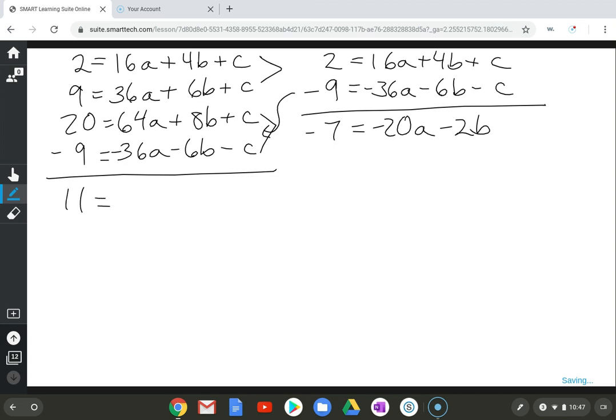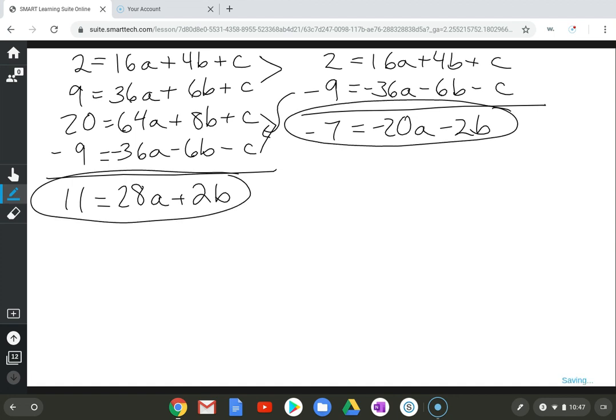Let's see, 64 minus 36, so 28, if I did my math right, hopefully I did, plus 2b. All right. Okay, so now I've got, look at how nice. It's like we planned it this way. So now I've got this guy and this guy.